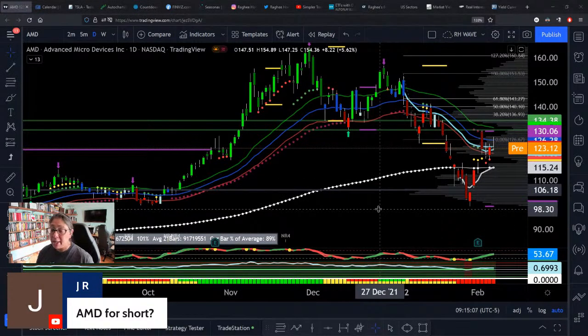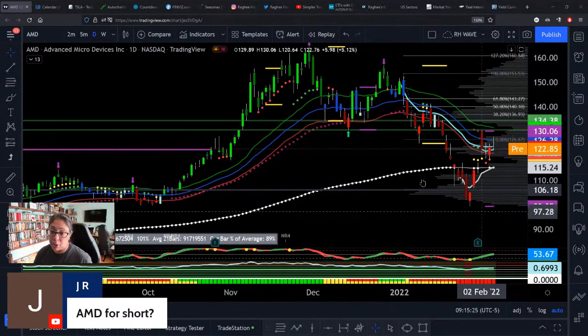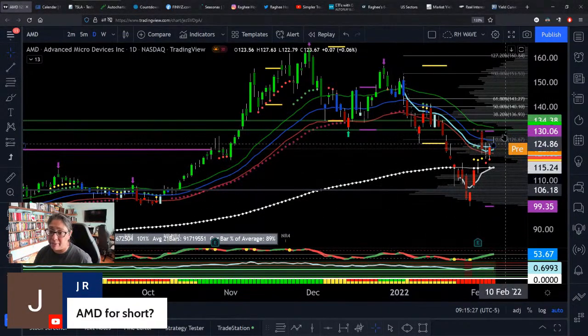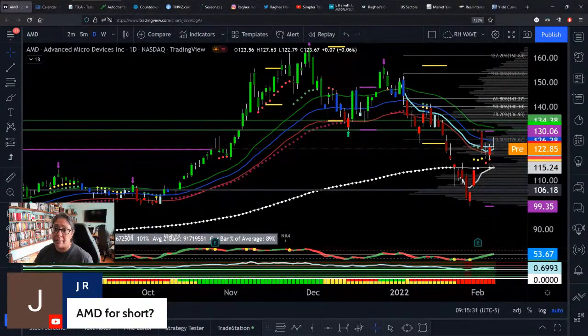We're inside the wave. The only thing that may be a challenge, and perhaps an initial target, could be that 200 exponential. But this is definitely a red over red market, meaning individual stock in an overall red over red sector. So I like it, JR. Pretty much where we're sitting inside the wave. As long as we're inside the wave, that works for me, the 34 EMA wave.